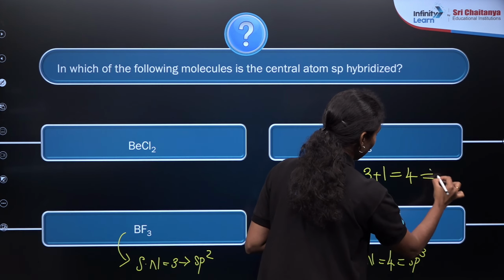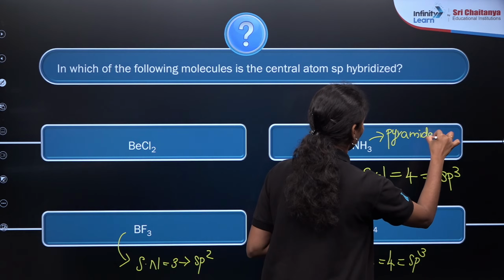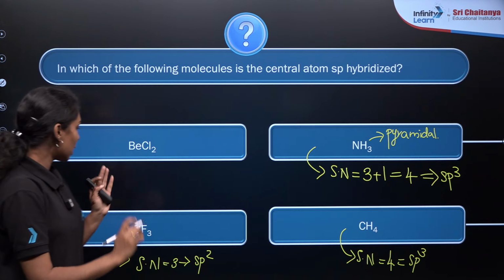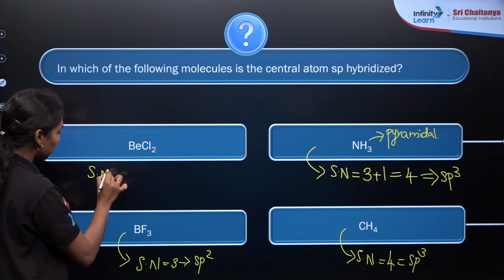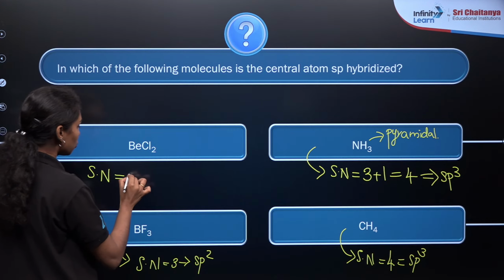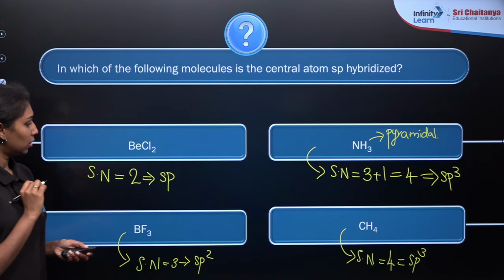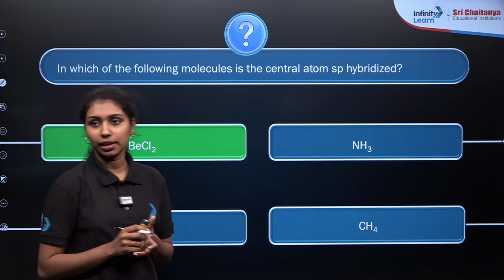So 4 stands for sp3 hybridization. Again, this is the exceptional case, and the shape will be pyramidal. Now, if you are focusing on the BeCl2 molecule, total 2 sigma bonds are formed, so steric number is 2. That will be sp hybridization. So BeCl2 will be the correct answer here.